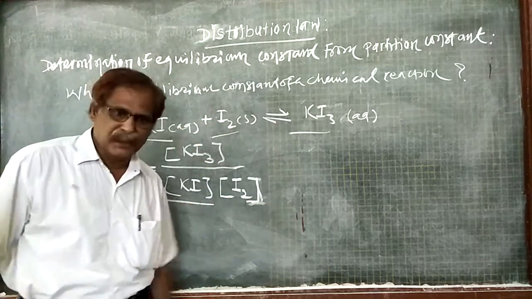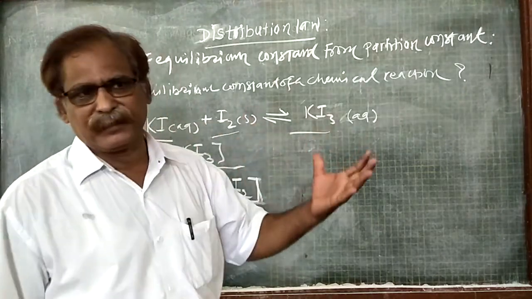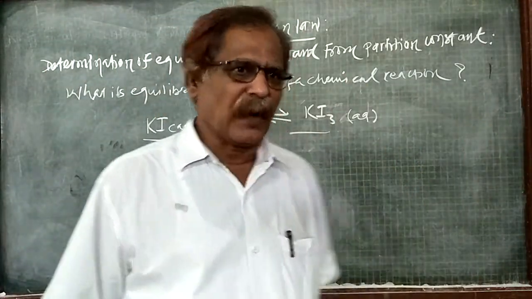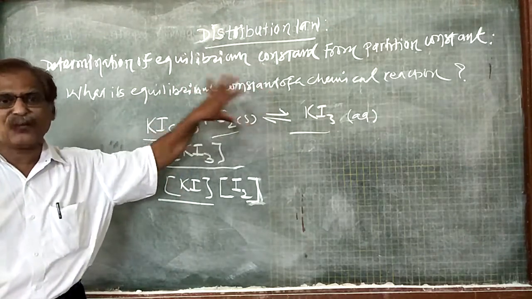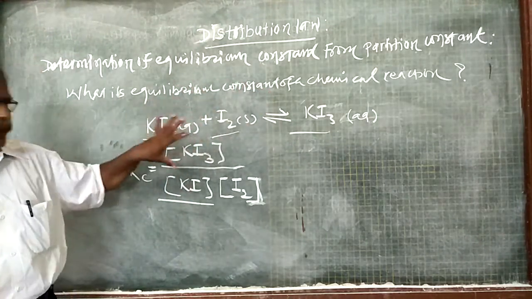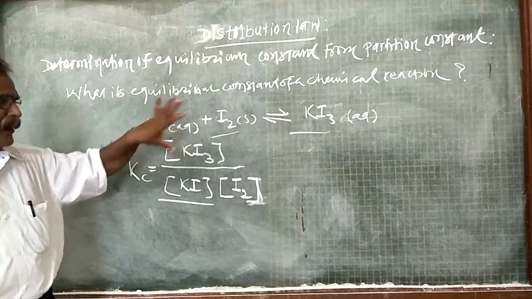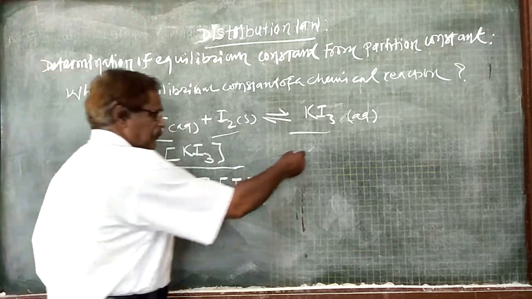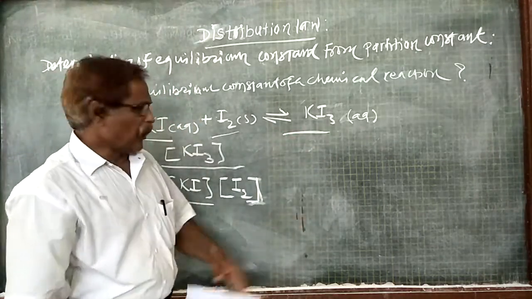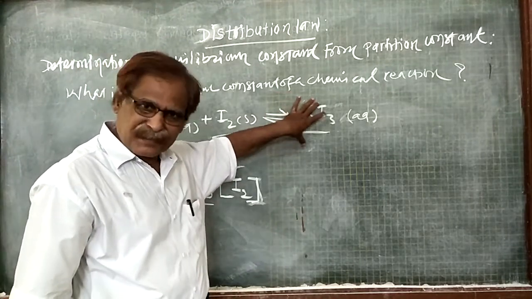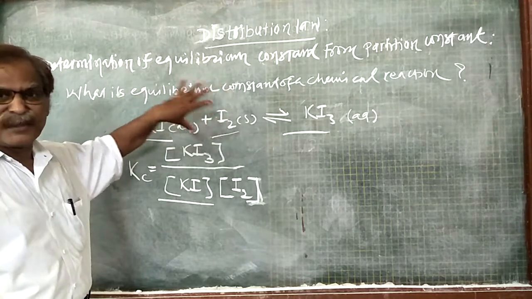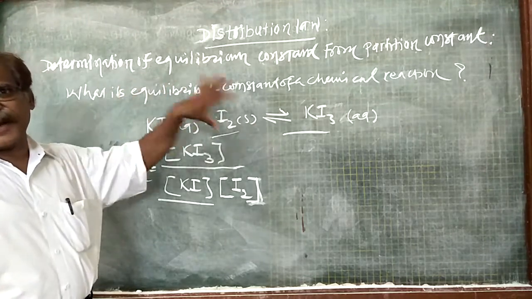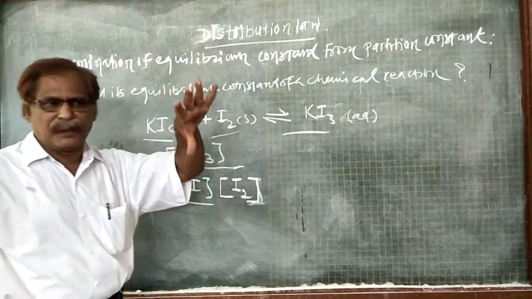So in this way, when we want to find out the equilibrium constant of this reaction, what do we need? We need the concentration of the product, that is potassium triiodide in this case, and the concentrations of the reactants taking part in this reaction at equilibrium.